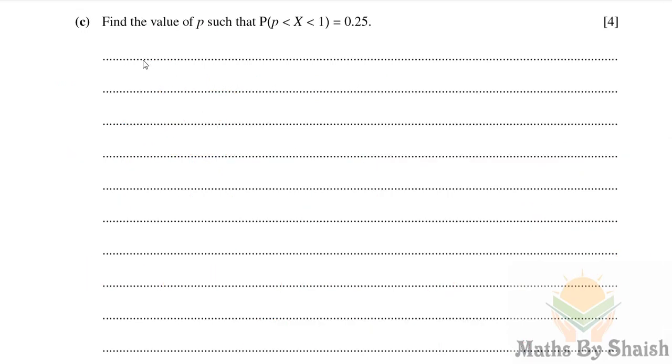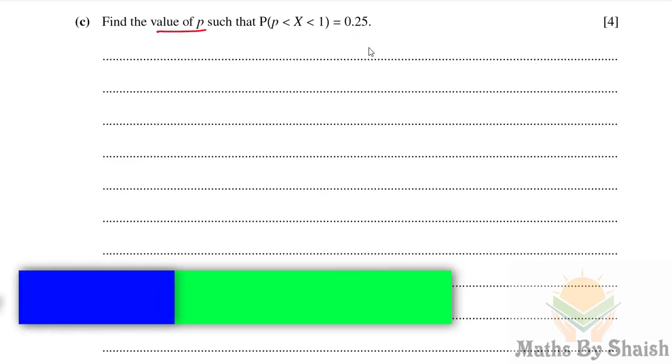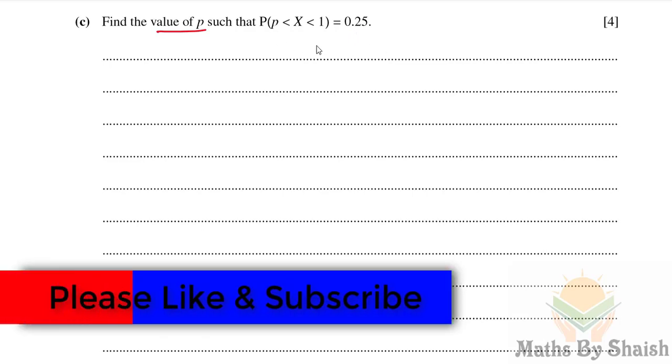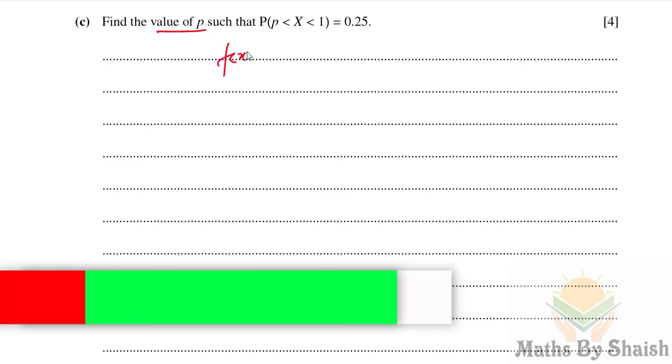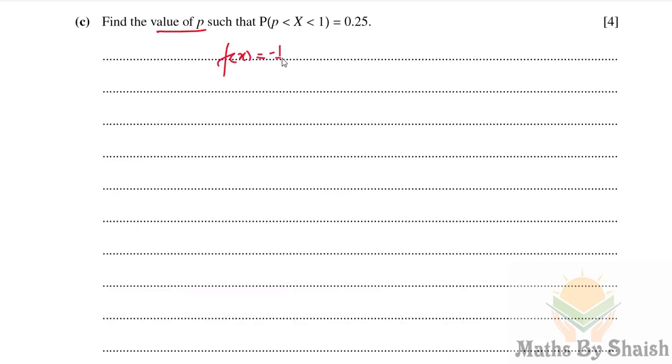Here's the C part. Find the value of p such that the probability of x between p and 1 is 0.25. We know from 0 to 2, f(x) is minus 1 by 2 x plus 1, so p is of course going to be something more than 0 and less than 1, so f(x) will work in this.